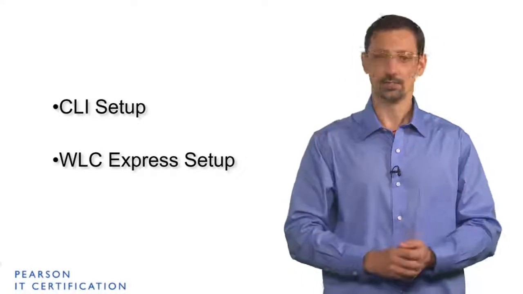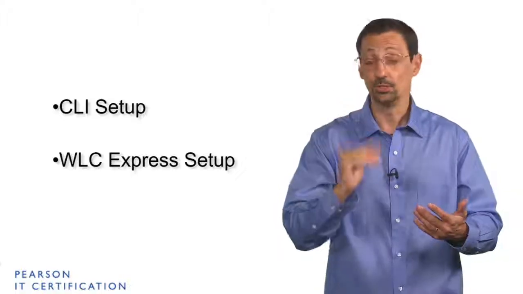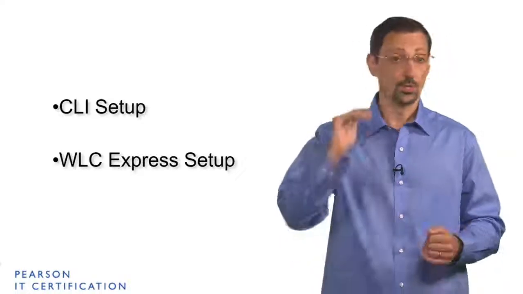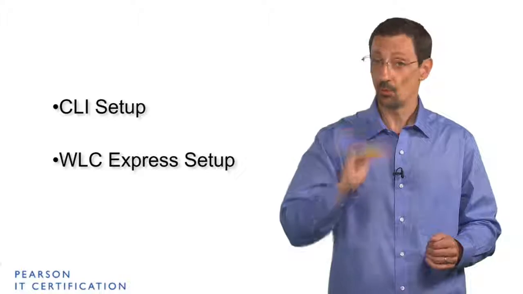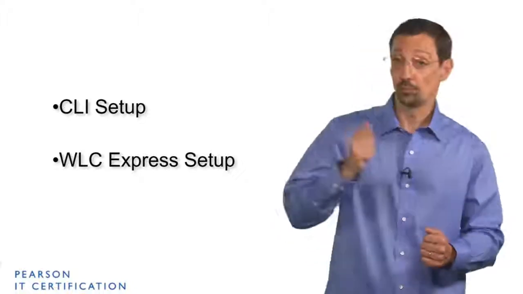What is special about this Express setup is that it not only allows you to fill up the information you need for initial configuration, but the way it's done is very simple. You have 2 pages. We ask you a very basic number of questions, and what is great is that as we apply the configuration to your controller, we are also going to apply good practices.